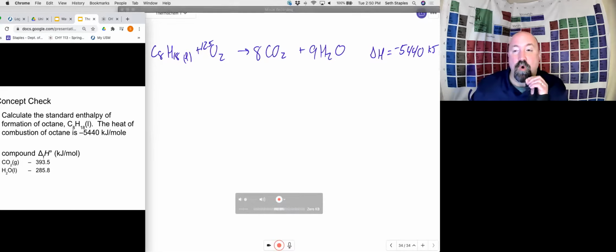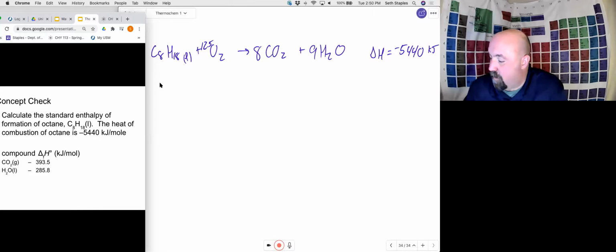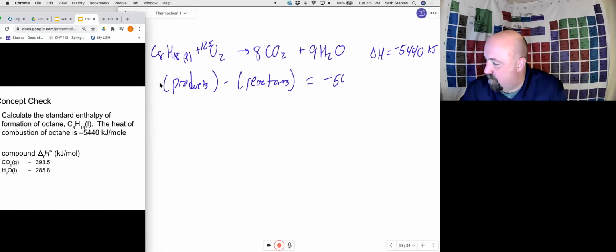In this case, we know the enthalpy of the reaction. We want the enthalpy of formation of one of the reactants. So let's set up our products minus reactants. I won't put numbers in yet, but our products minus reactants is going to equal our negative 5440.